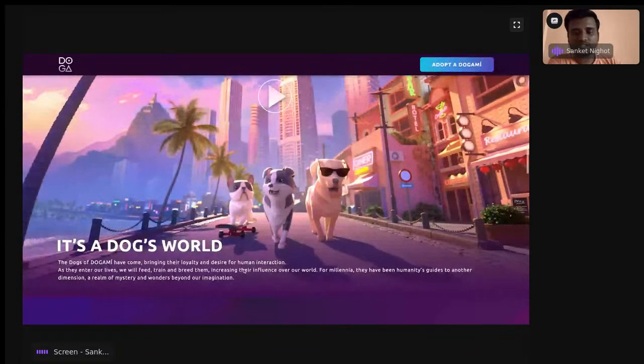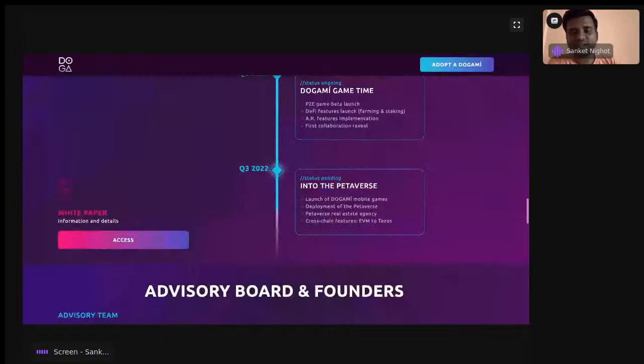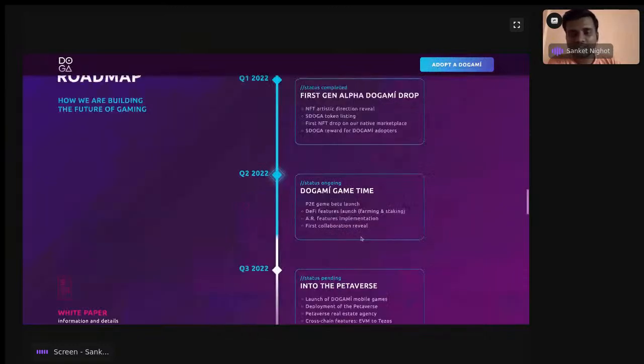This is the roadmap that they have into the metaverse. They are working on the metaverse for the pets and NFTs they own, and they are also working on a game, creating a DeFi feature game using the NFTs.